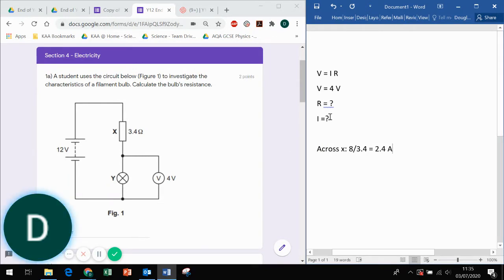So now here the voltage is going to be 4 divided by 2.4, which is 1.7 ohms, 1.6 recurring.